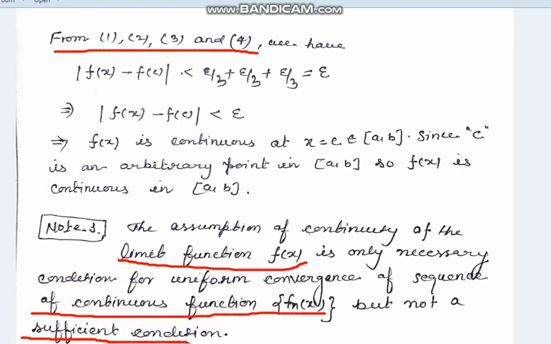That means it may happen that the limit function f(x) is continuous, but still f_n(x) is not uniformly convergent.